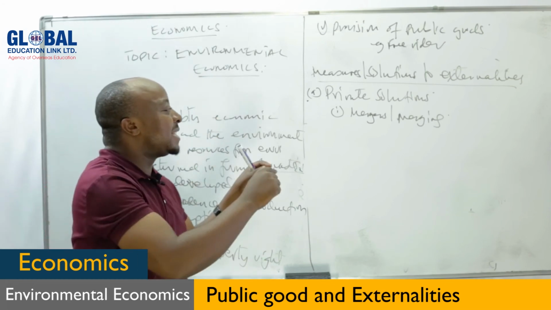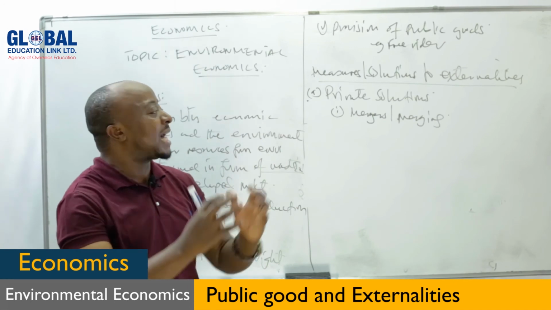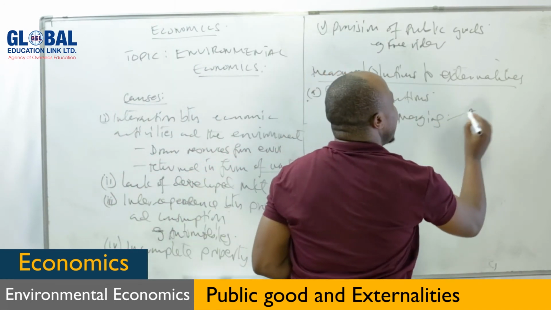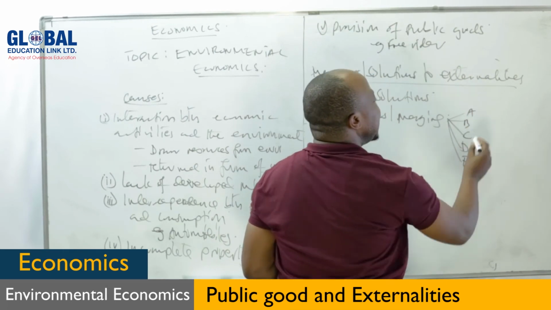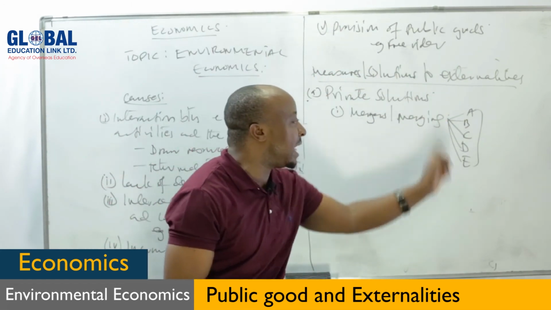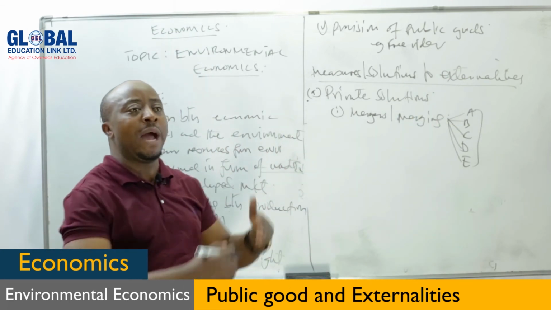That means each industry is causing pollution. Now, those industries can merge. We had industry A, B, C, D, and E. All of these industries are producing the same good. Let's say they are located in one area and producing cement. That's an example, or whatever.